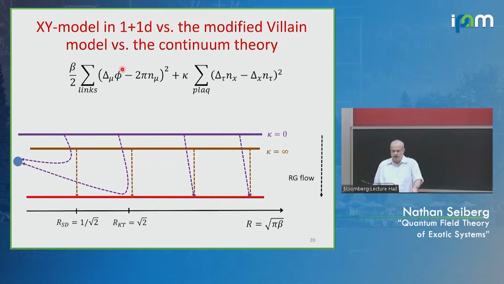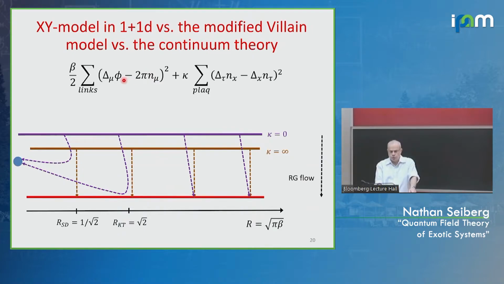But instead of writing the action using cosine, we presented it in what is known as the Villain form, where phi is real valued, and we have a gauge symmetry that shifts phi by an integer. By doing that, phi becomes effectively circle valued. And in order to implement that gauge symmetry, we put integer valued gauge fields on the links, n mu. So n mu is a dynamical variable that we sum over on the links, and phi is real.